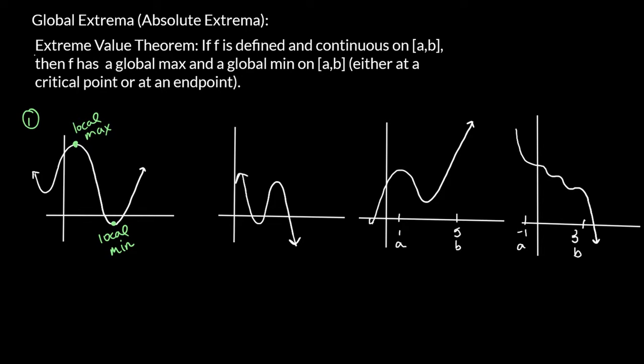But we see this graph is increasing on both ends, so that means that this local max is not a global or an absolute max because the graph keeps increasing past that local max. However, this local min, the graph does not come back down below the local min, so this local min is a global min.